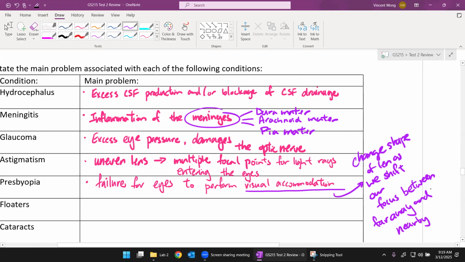So when we get older, basically the suspensory ligament loses its elasticity, and it makes it harder to change the lens shape quickly enough.